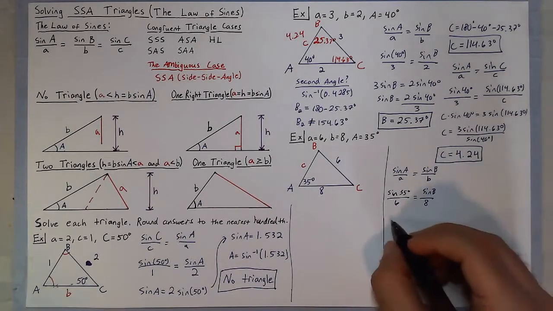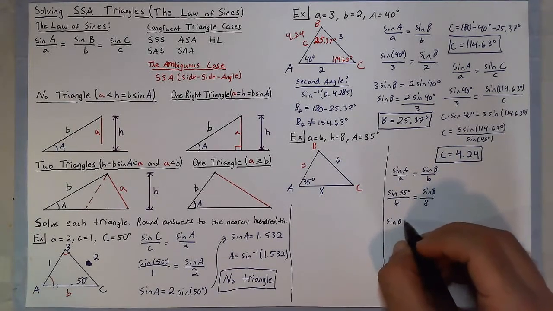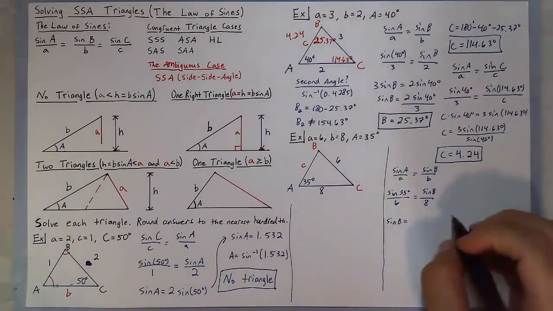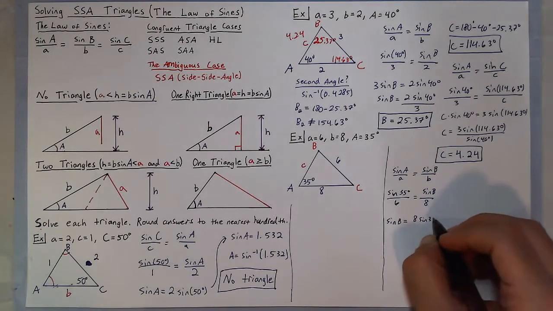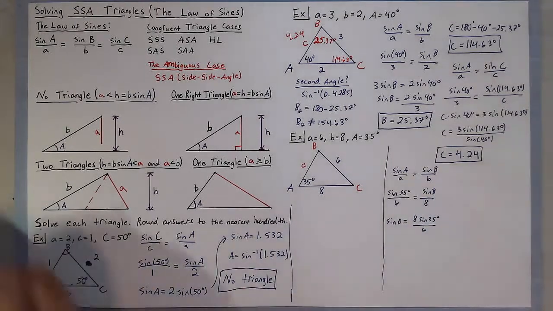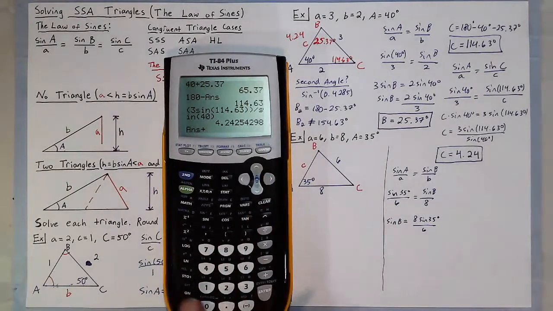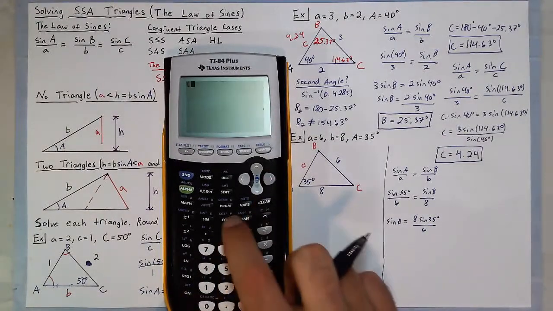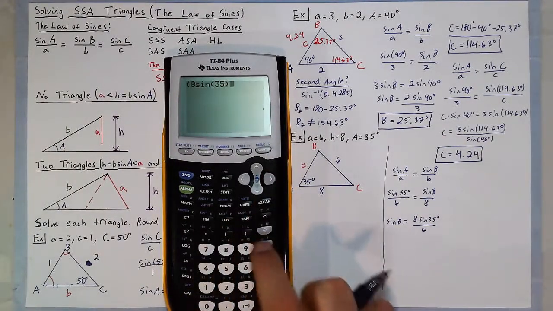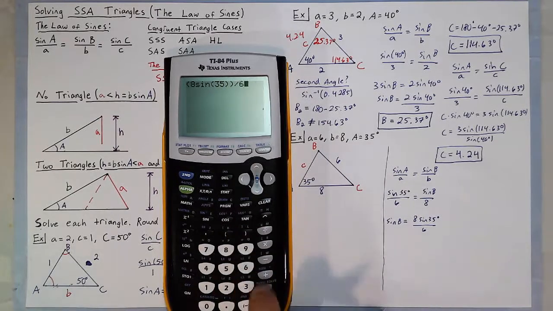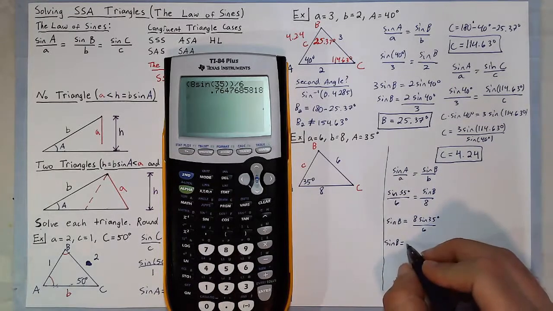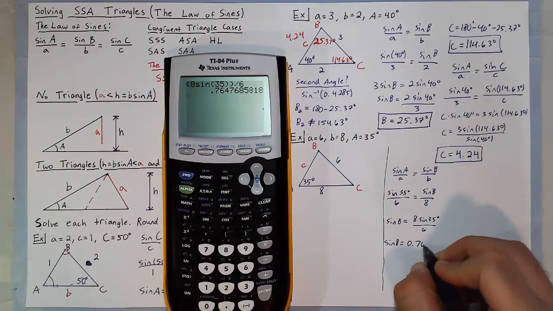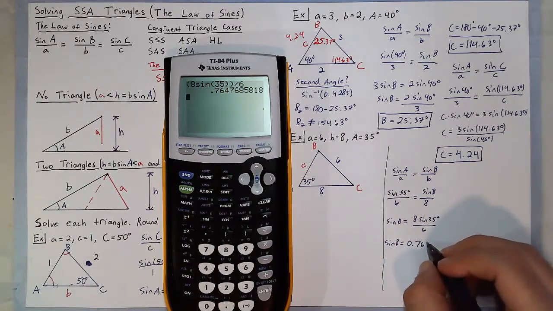Solving for sine of B, I can get sine of B is equal to 8 sine of 35 degrees over 6, which, plugging that in, I can get 8 sine of 35 divided by 6. Sine of B will give me equals 0.765.